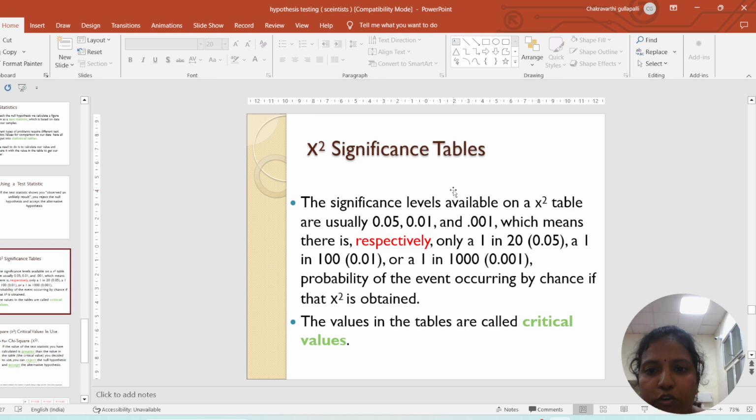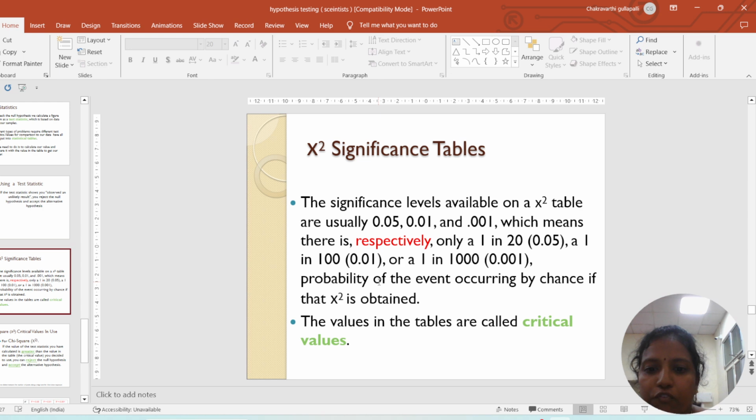For example, take the chi-square significance table. The significance levels available in the chi-square table are usually 5%, that is 0.05, and 1%, that is 0.01, which respectively mean the probability of the event occurring by chance for the chi-square obtained.